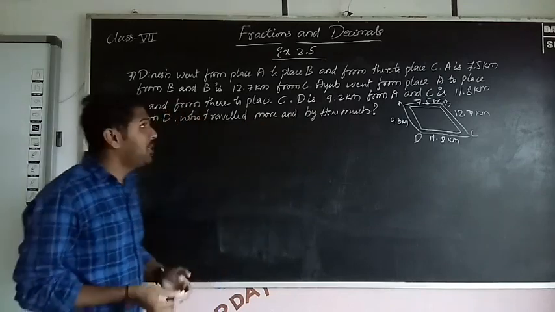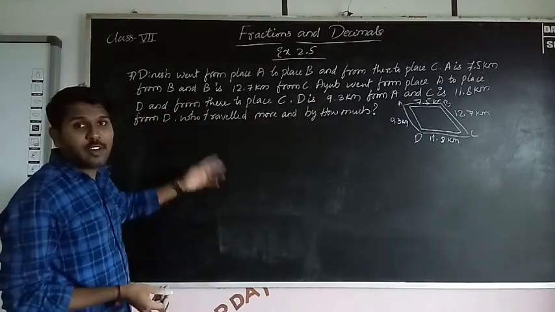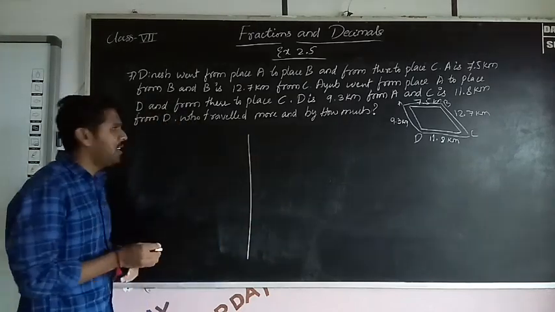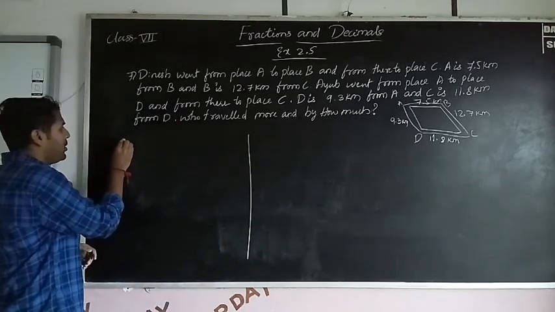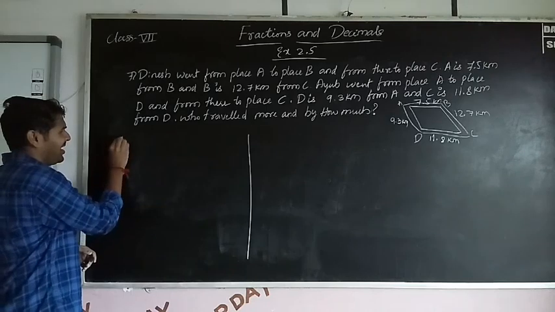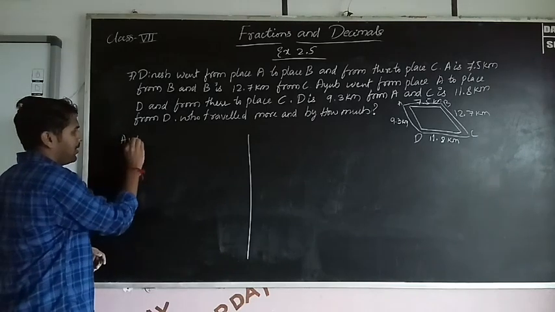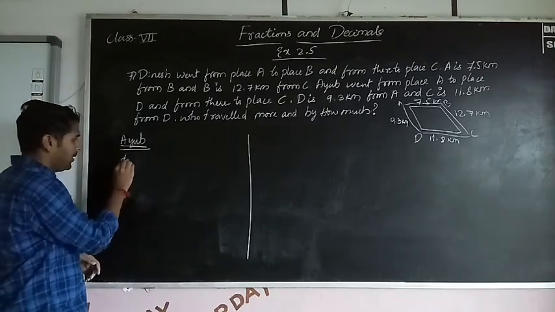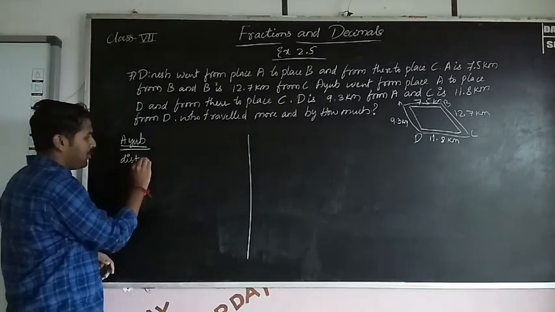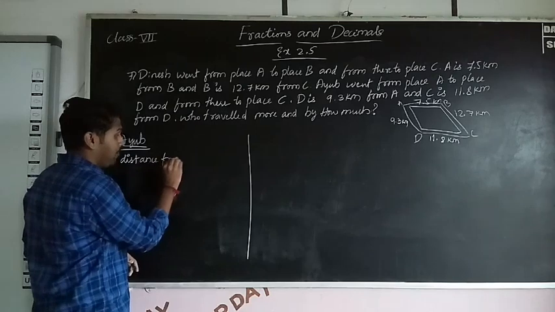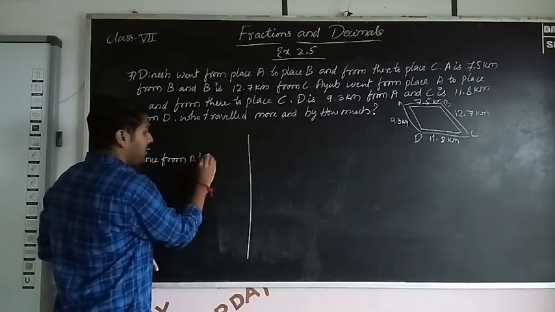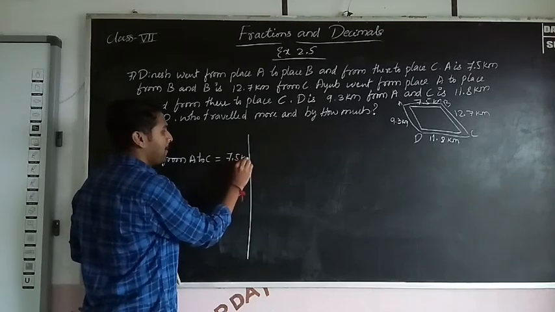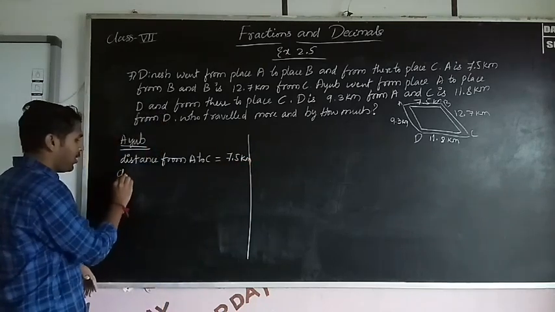So how to solve this one? First, find out the total distance for Dinesh. After that, find it for Ayub. So distance from A to B is 7.5 kilometer.